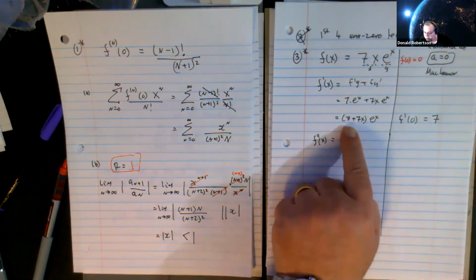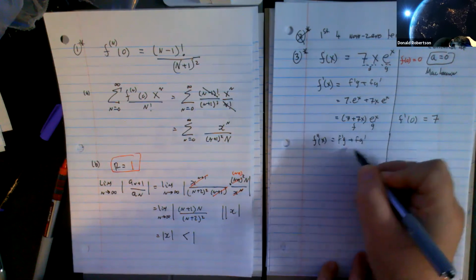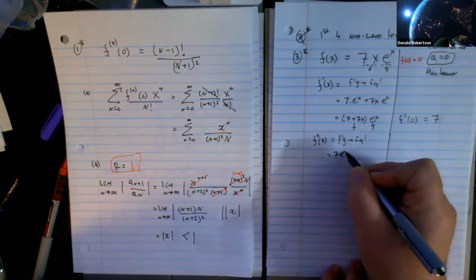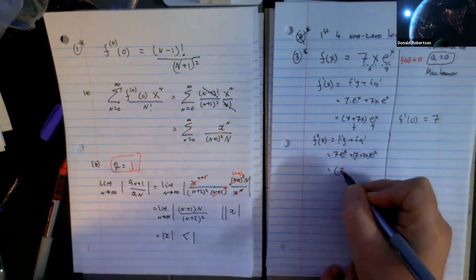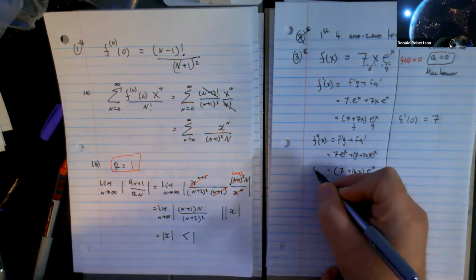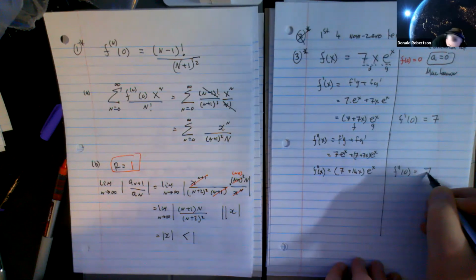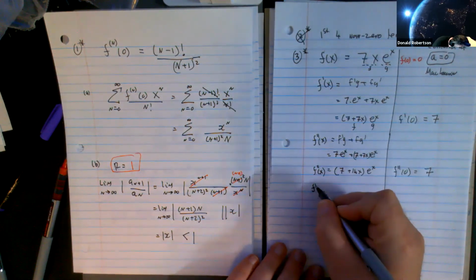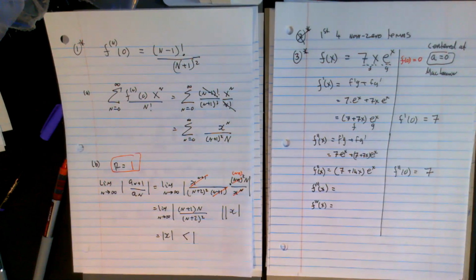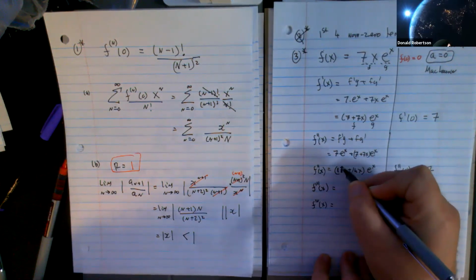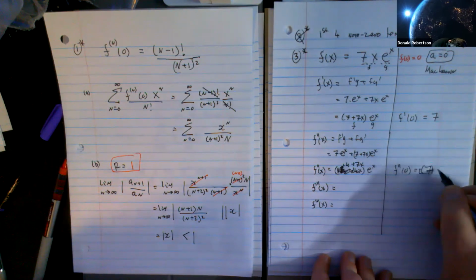Using the product rule again, differentiating 7 gives 7, this is e to the x, and leave this alone, so I get 7 plus 14x... Should it be 14 plus 7x? Thank you. 14 plus 7x times e to the x, and the second derivative evaluated at 0 is a rather boring 14, two lots of 7.